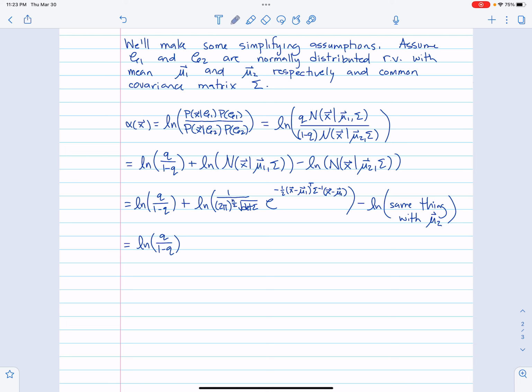So I'm going to be left with minus 1/2 (x minus mu1) transpose sigma inverse (x minus mu1) plus 1/2 (x minus mu2) transpose sigma inverse (x minus mu2). Oops, I mislabeled that when I first wrote it out.